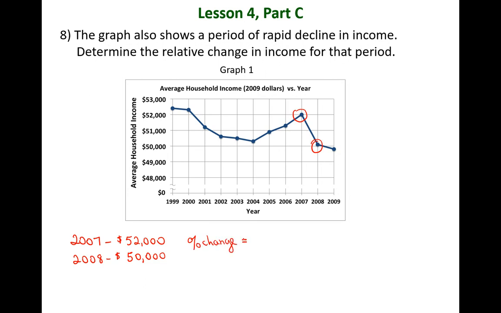We would do the final amount, it's 50,000, minus the beginning amount, 52,000, divided by the beginning amount, times 100. Notice this time it's going to be negative because the absolute change, which is that ending minus beginning, is a negative quantity.